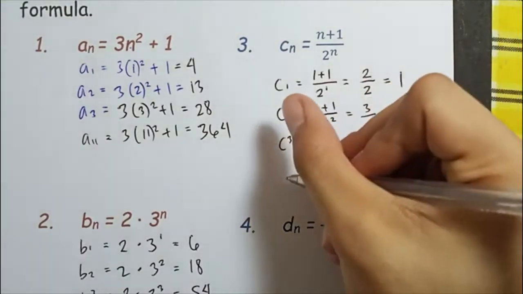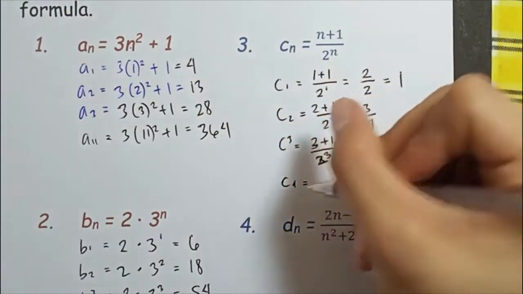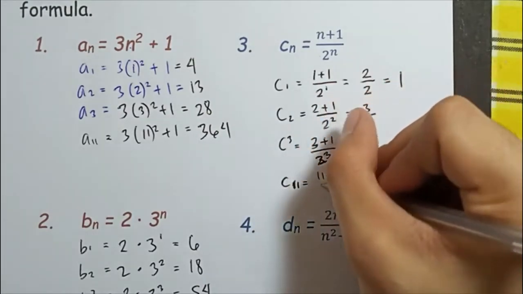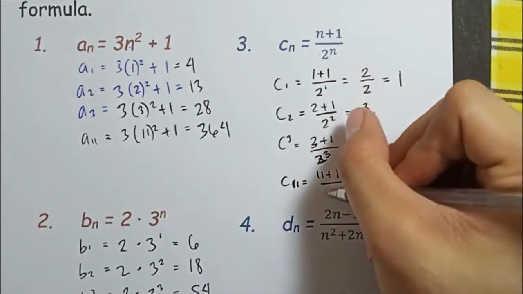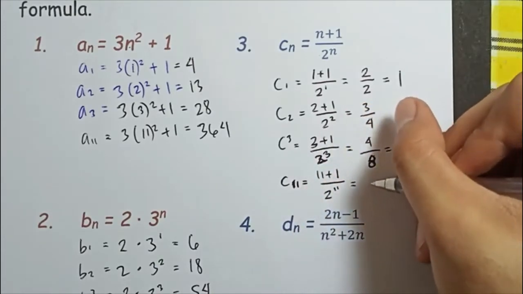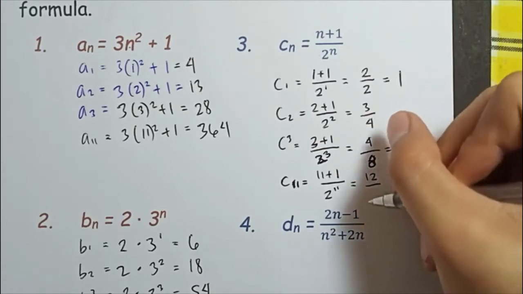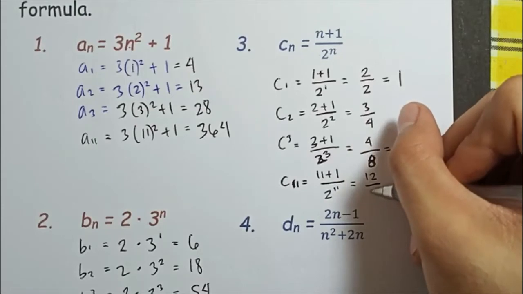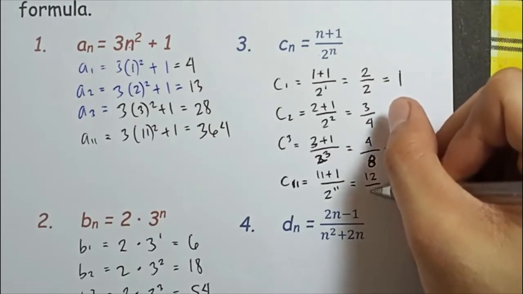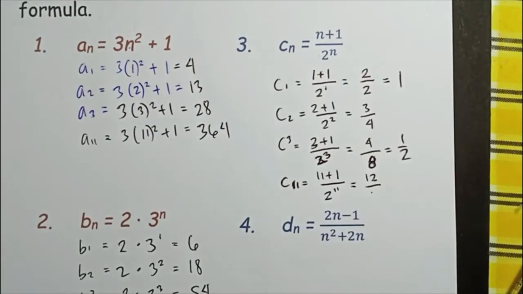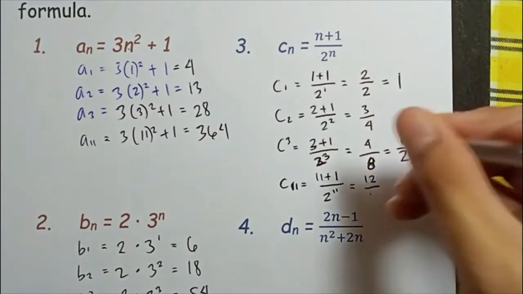Tama. Then c sub 11 pala. So 11 plus 1 over 2 raised to 11. So 11 plus 1 is 12. Then 2 raised to 11 is 2048.